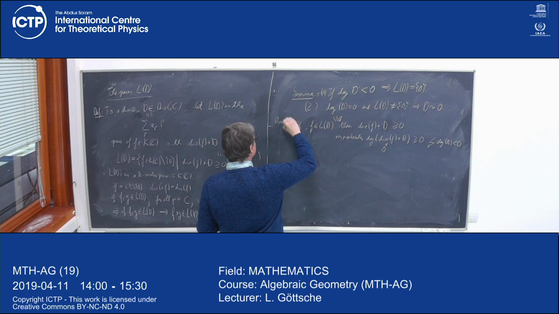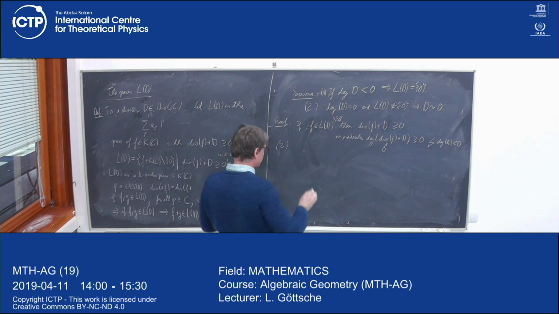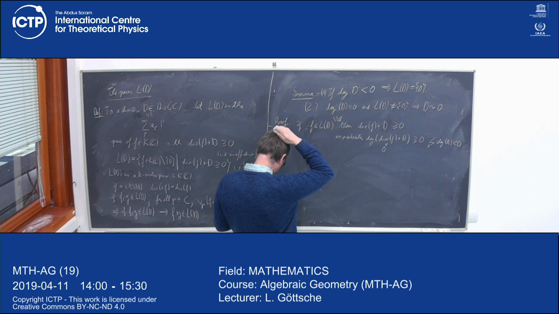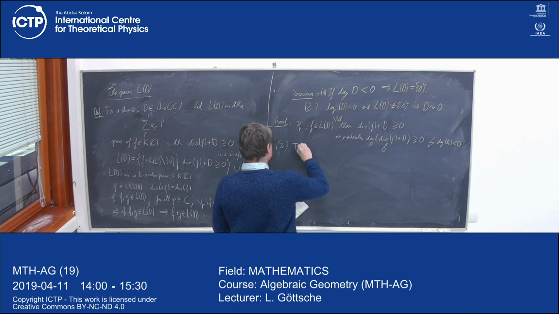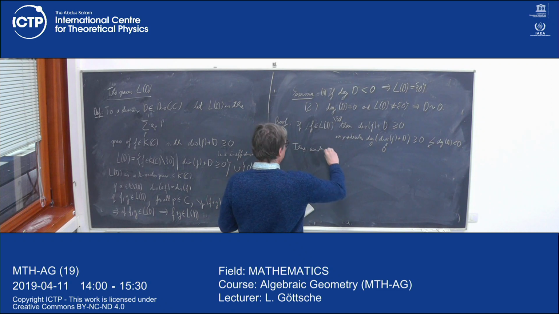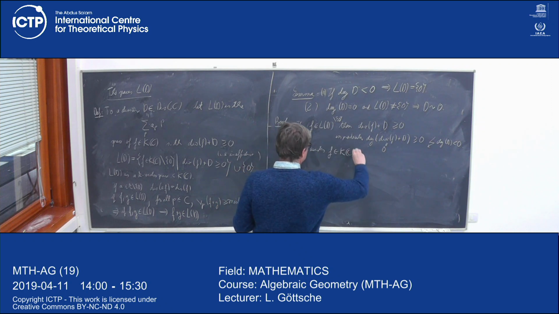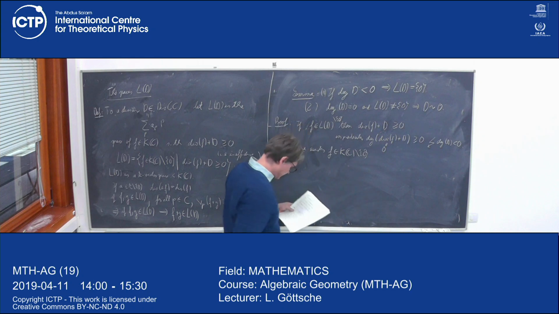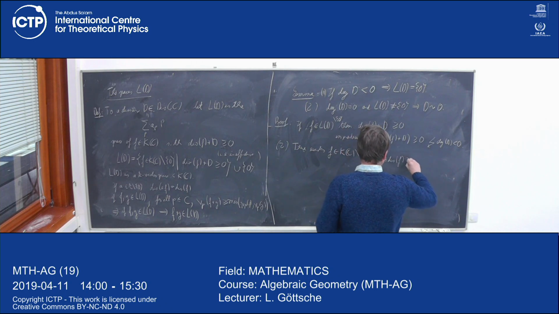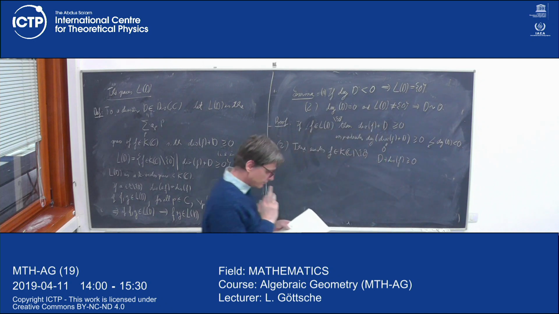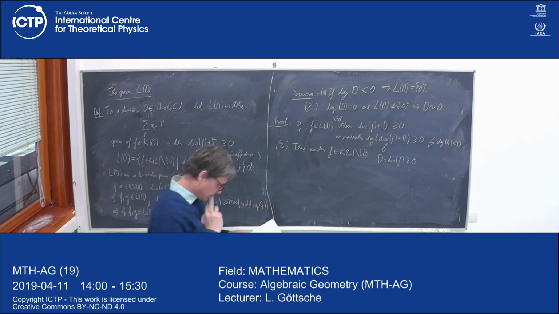And the second is also quite simple. So let's assume the degree of D is 0 and L of D is non-zero. That means there exists an F in KC, which is not 0, such that if I take the divisor D plus the divisor of F, this has non-negative coefficients everywhere.